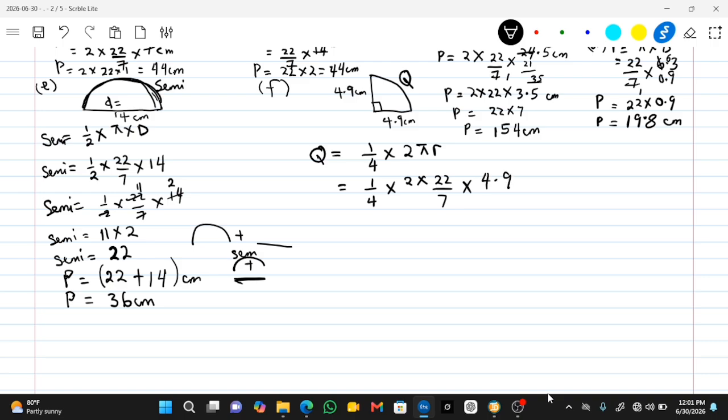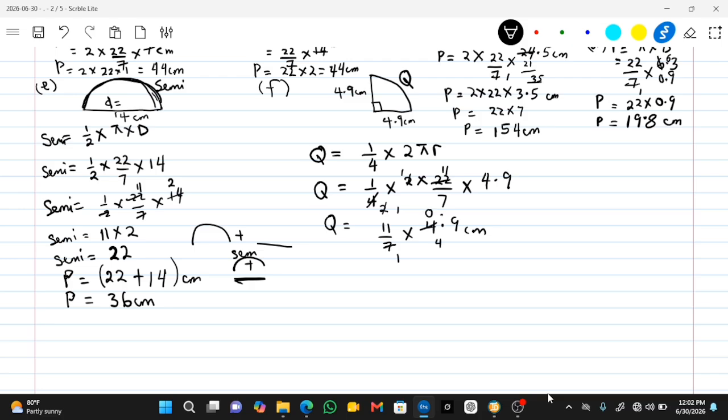So that's Q. Cancelling, I have 11/7 times 4.9 centimeters. Now again, 7 here, 1. 7 divides 4, impossible, I have 0 point.